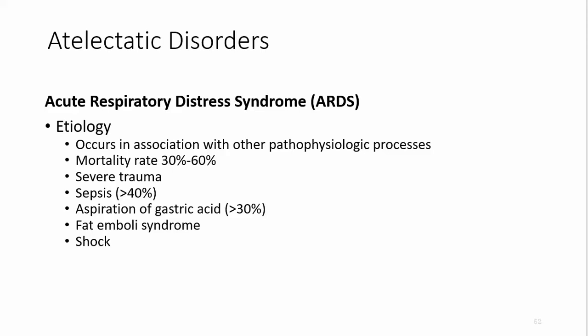So it can happen for a bunch of reasons. And really what this is, is inflammation at the alveoli and the alveolar capillaries, causing a leakage of fluid into the capillary space. Sepsis is probably the most common cause. So this is a body-wide infection that is transmitted through the bloodstream. Another big one is aspiration of vomit.